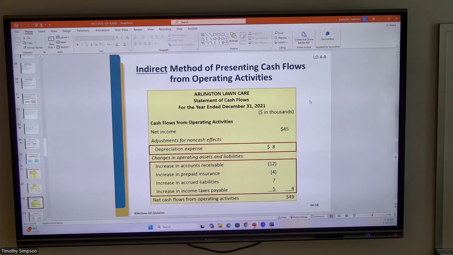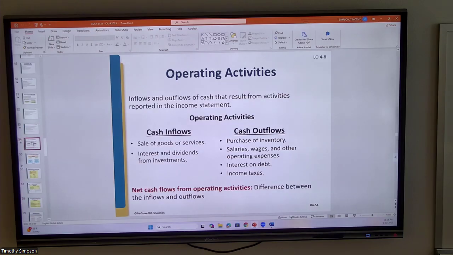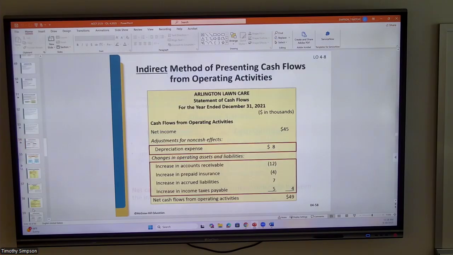But what was different is we simply took this particular methodology as a way of getting to it, okay? And if you go back here to the operating activities, we're talking about the idea that net cash flows are the difference between inflows and outflows, okay?